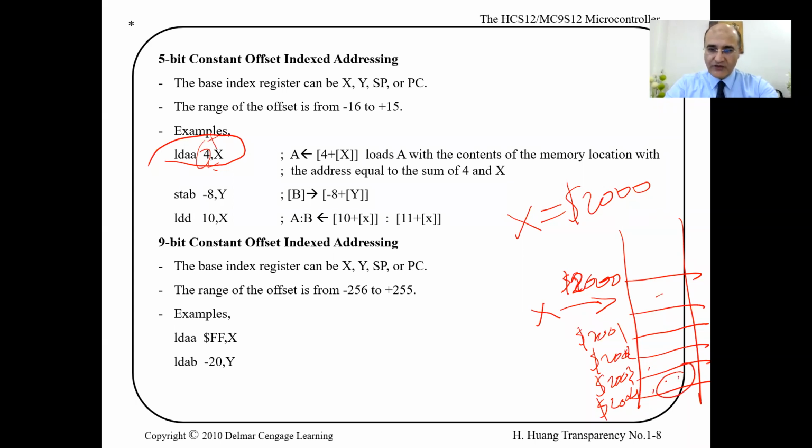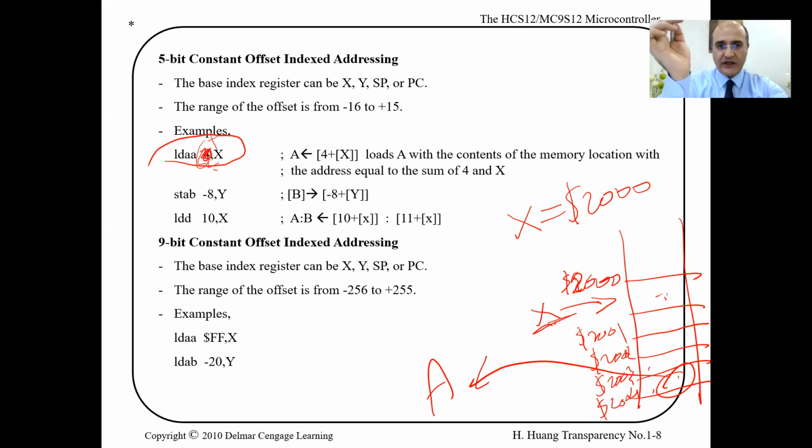So the operand over here is going to be loaded to A. Not the one pointed to by X. No, X plus 4. This is the offset. Of course, if you want the one in the location pointed to by X, you can have the offset be 0. As easy as that. So load accumulator A 0, X will load this location at address 2000.